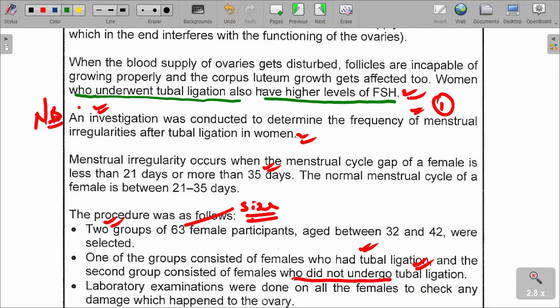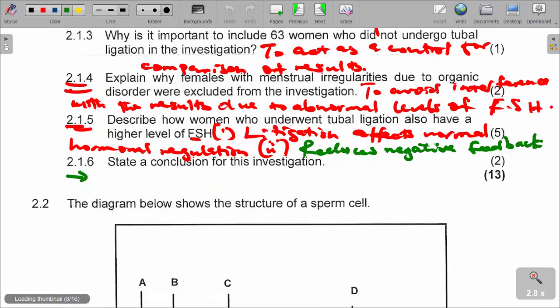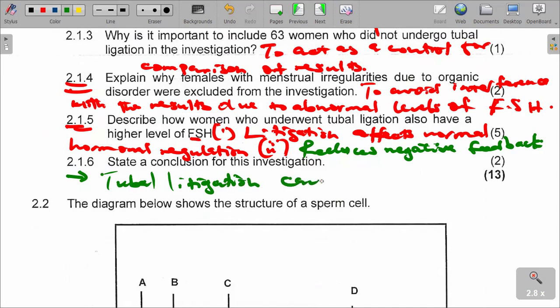So we can say that tubal ligation causes higher follicle stimulating hormone secretion, an abnormal secretion of follicle stimulating hormone, which is true according to our situation there.